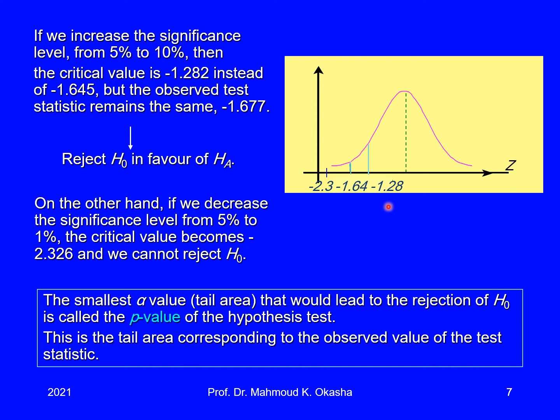For this, we may say that if we can calculate this region, from this part 1.64, which is the observed Z, to this area up to the end, if we can calculate the area under the curve from this to the left, it will be more than 5%, but less than 10%.